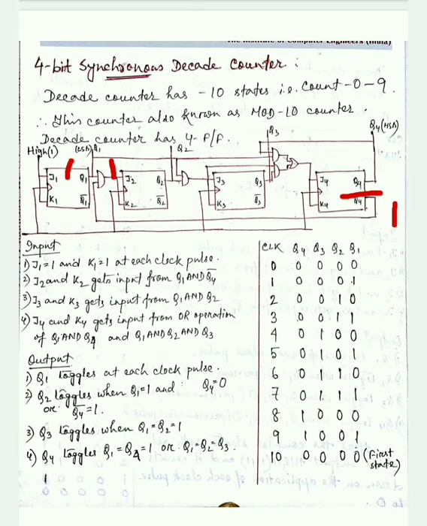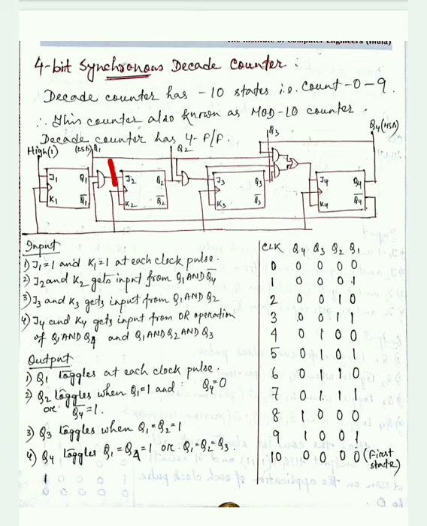So Q2 toggles when Q1 is 1 and Q4 is 0, or Q4 complement is 1. Again, J2 and K2 get their input from this AND operation.